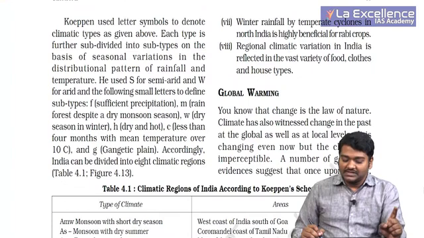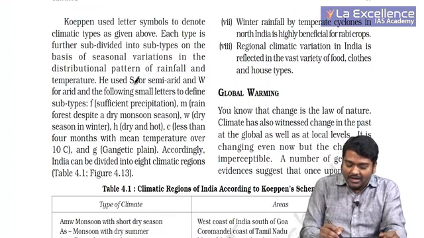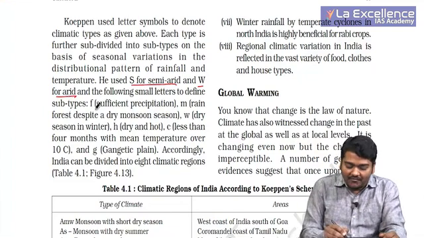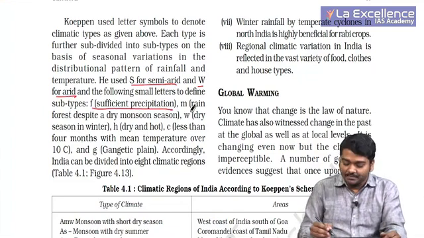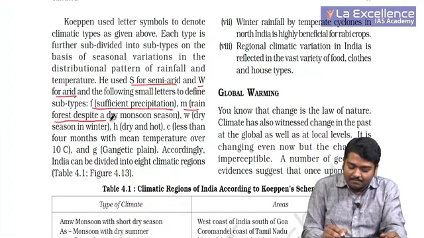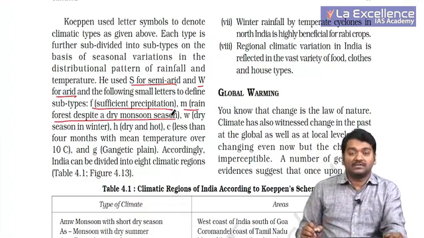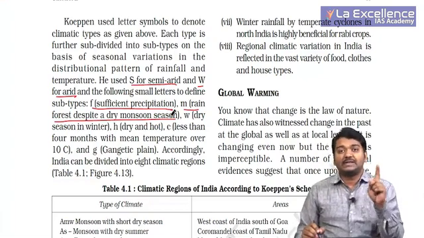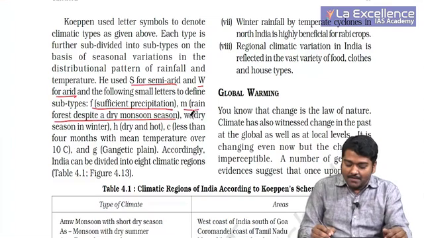Koeppen also uses different letters. For example, he used S for semi-arid, W for arid, F means sufficient precipitation, M means rain forest despite a dry monsoon season, that is evergreen forest is there even when you find some sort of dryness.